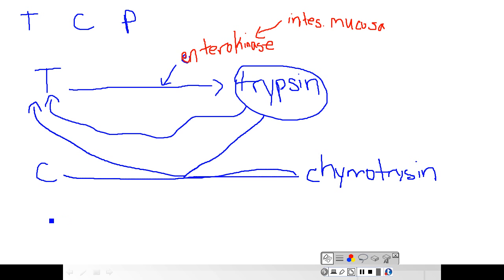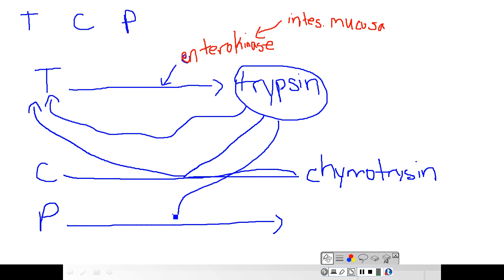This trypsin also helps convert our P, which is our pro-carboxypeptidase, into carboxypeptidase.